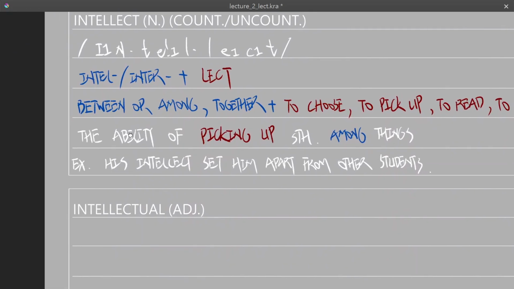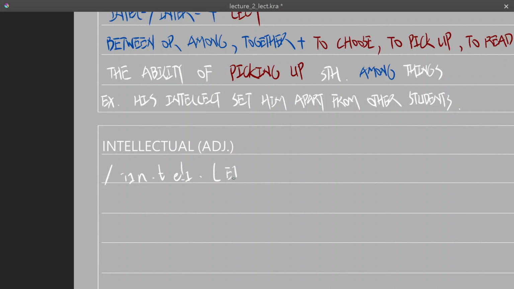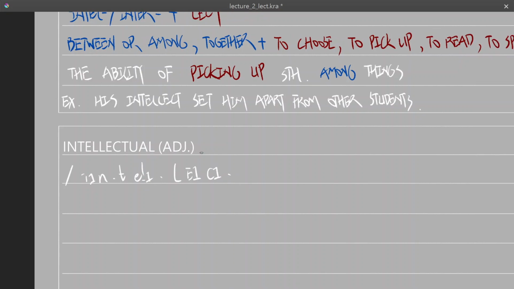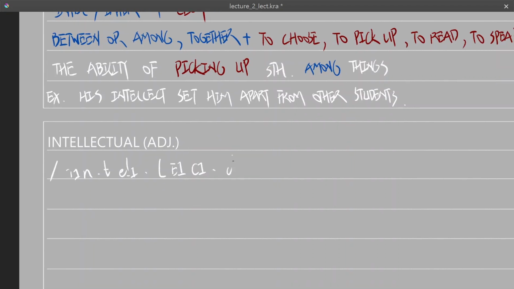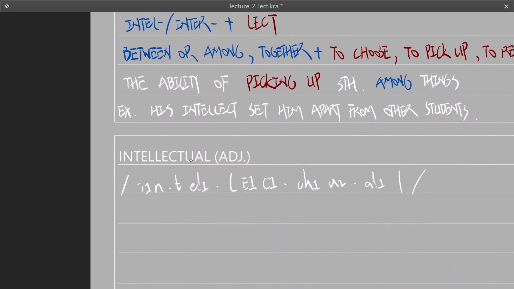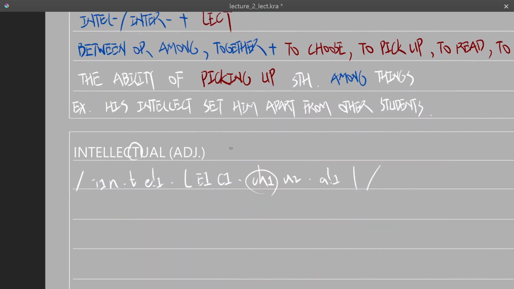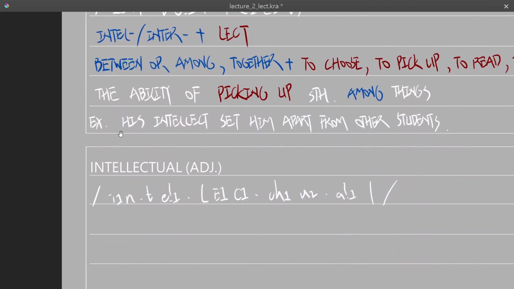Good. Next, we have intellectual. So the phonogram T says that here we say the first sound of ch because of blending.